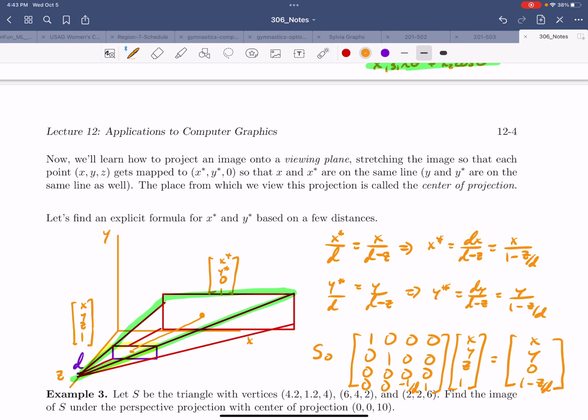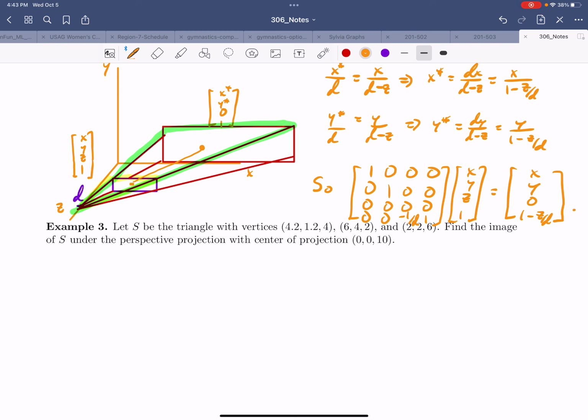Okay? So anyway, why is this relevant? Well, if we have a triangle, for example, and we want to project it from the point 0, 0, 10, you could just say, well, let d equal 10. And so our projection matrix is the following.